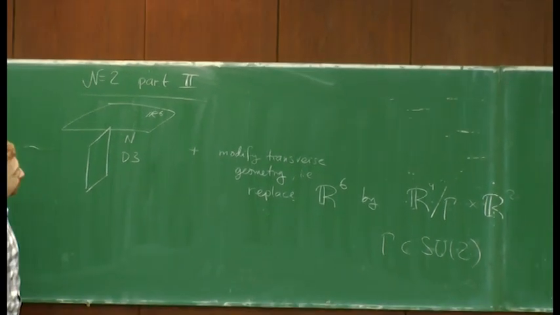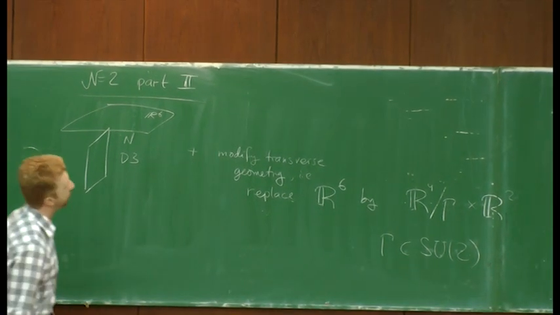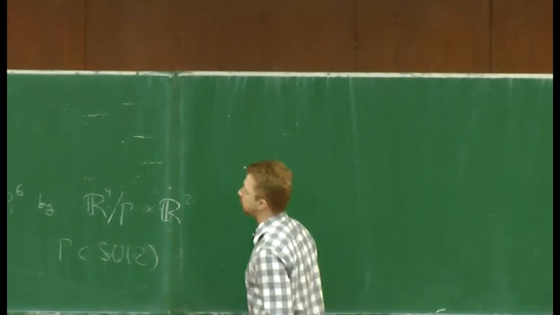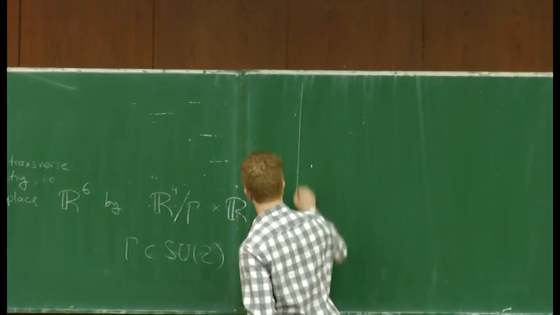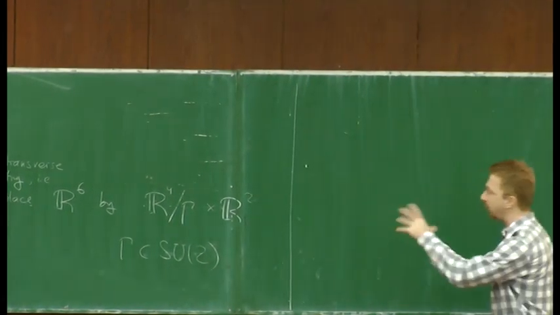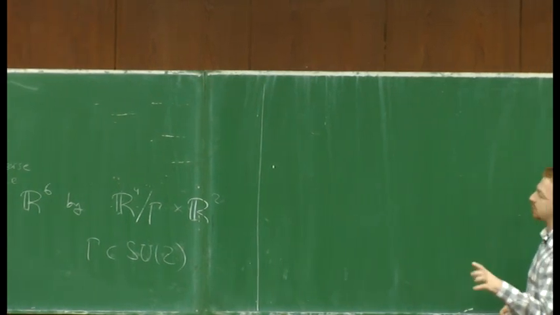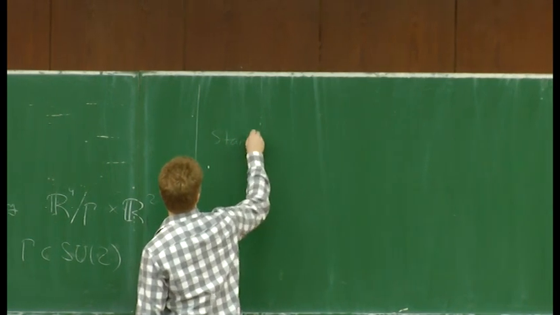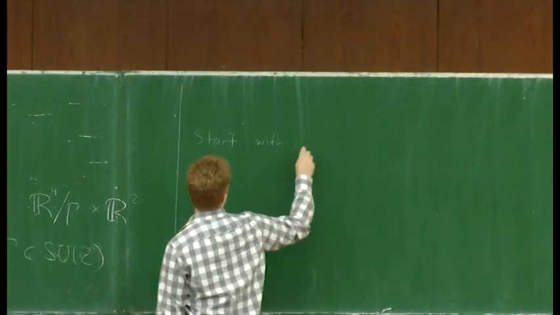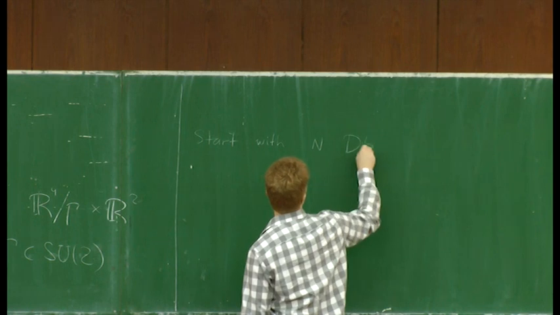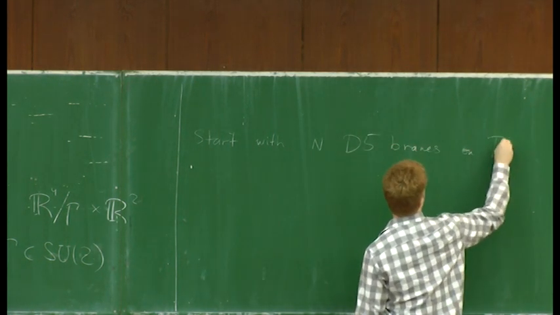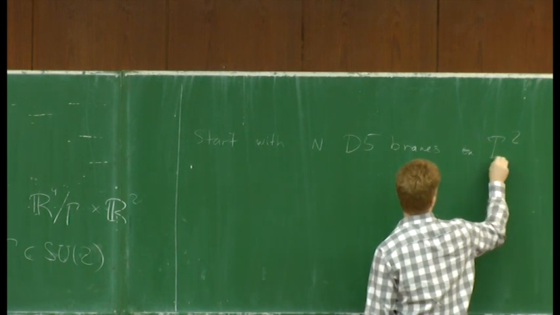So today I want to describe something else, also starting with the maximally supersymmetric situation, but then doing modifications both in transverse space and in longitudinal space. So start with ND5 branes wrapped on a two torus.